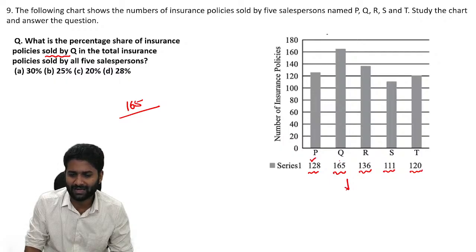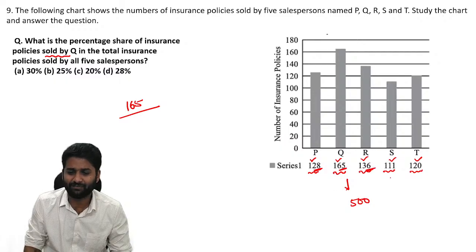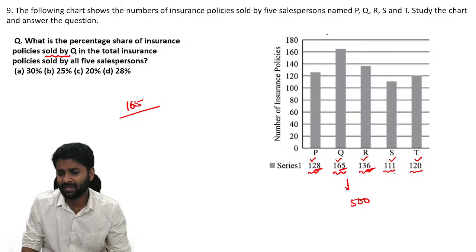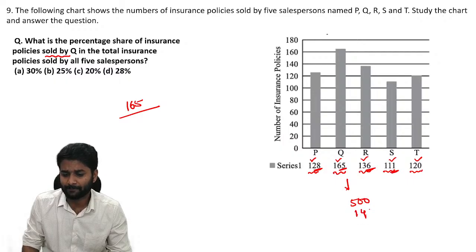So let's calculate it. Hundreds: 100, 200, 300, 400, and 500. Let's go through the tens here. It's 20, 20 plus 60, 80, 80 plus 30, 110, 120, 140. Finally, units place: 8 plus 5, 13, 13 plus 6, 19, 20.